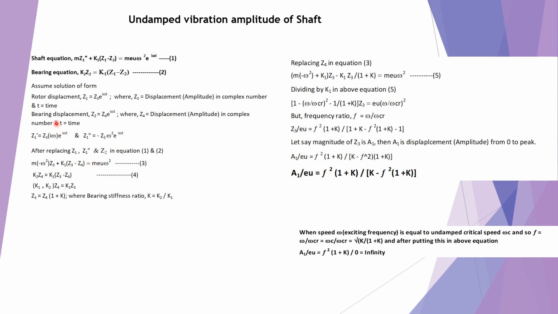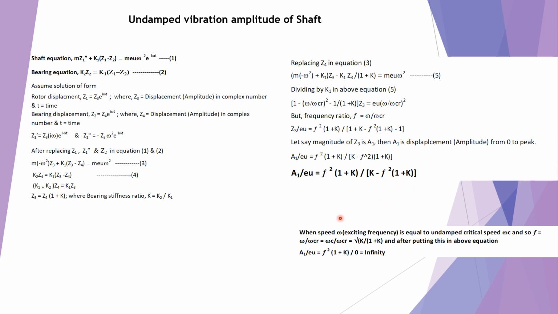So in the same way, I have to assume the solution z1 is equal to z3 e to the power i omega t and z2 is equal to z4 e to the power i omega t. Again, differentiate z1 and z2, put them into equations 1 and 2, and after simplification we can get A1 upon e u is equal to f square into (1 plus k) upon (k minus f square into (1 plus k)).